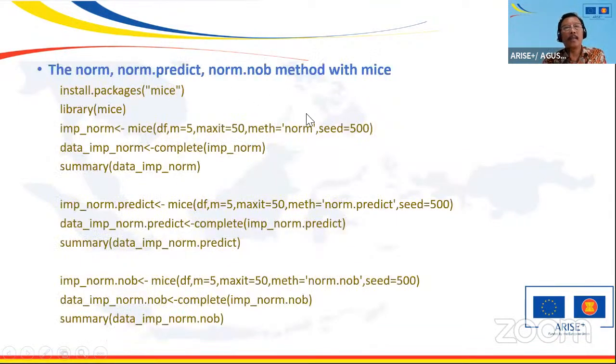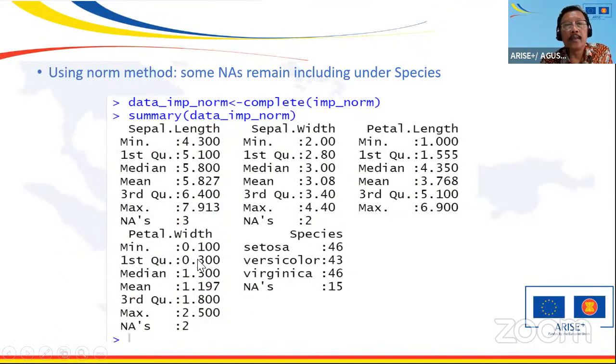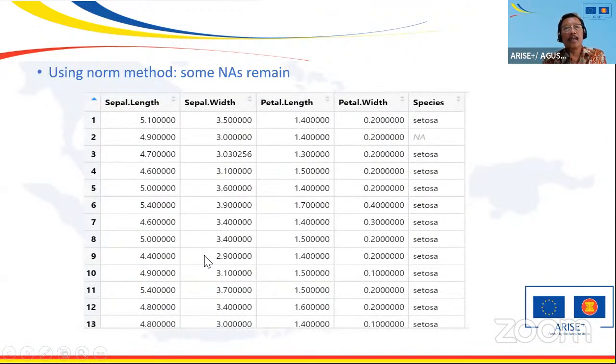Yeah, the chart we have seen in the earlier examples. The predict is the straight line regression, and the imputed is in the straight line, and then the norm and the non-Bayesian one, we can see the imputed value varies, not in a straight line.